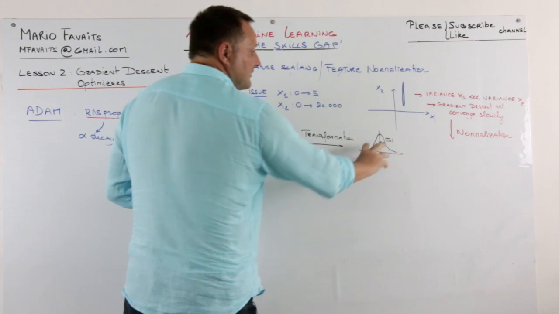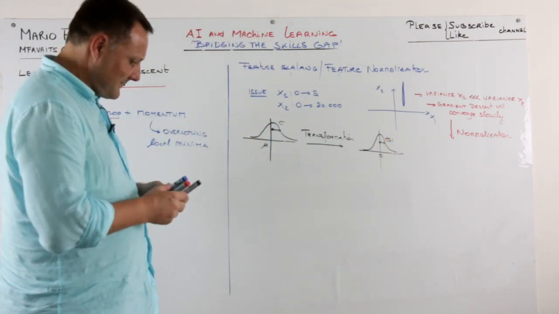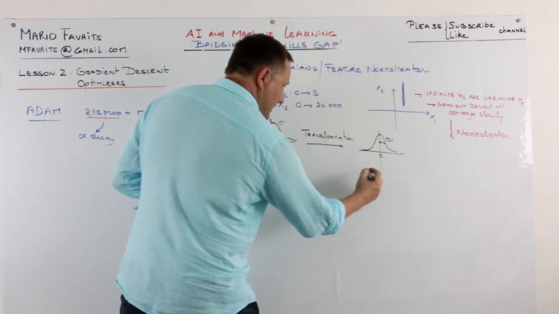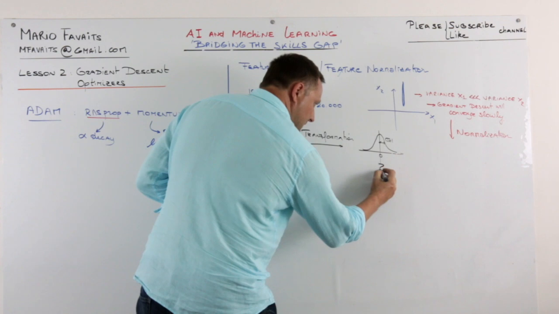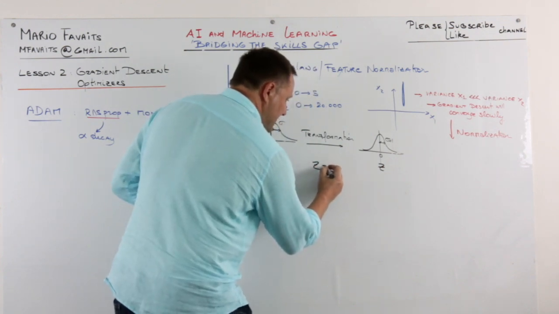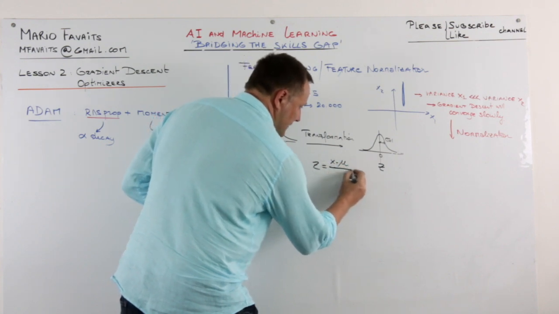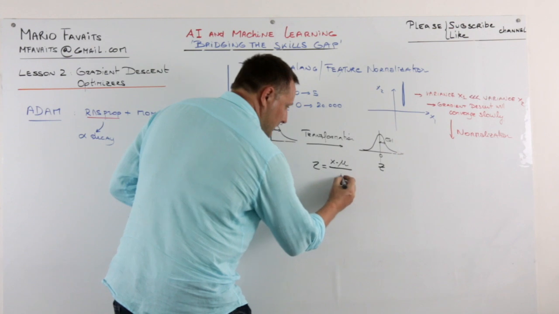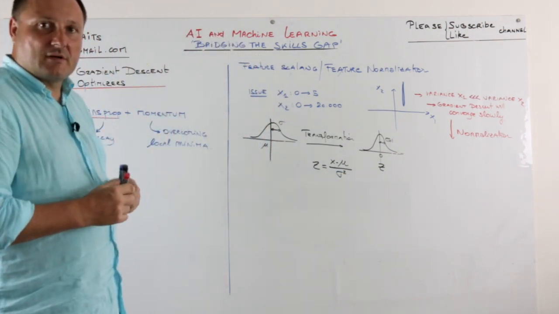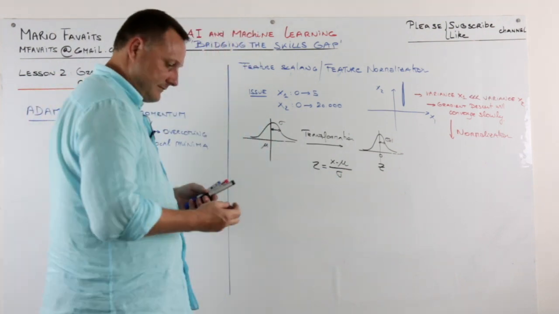So this is the normalized Gauss curve. In order to go from x to z, you take x, subtract the mean, and divide by the standard deviation, sigma.